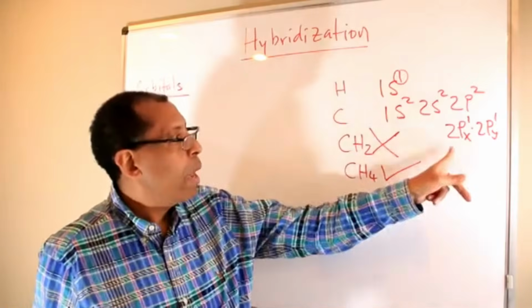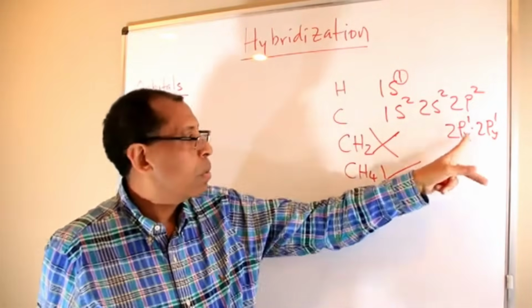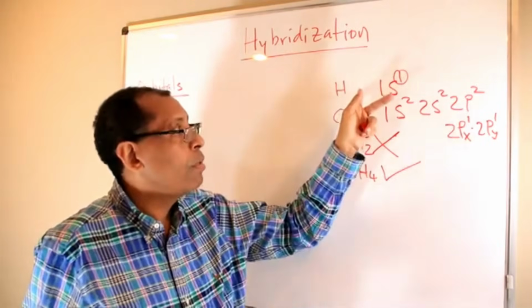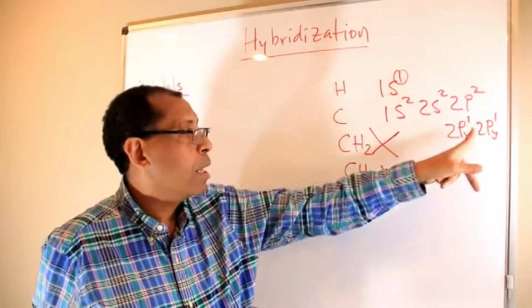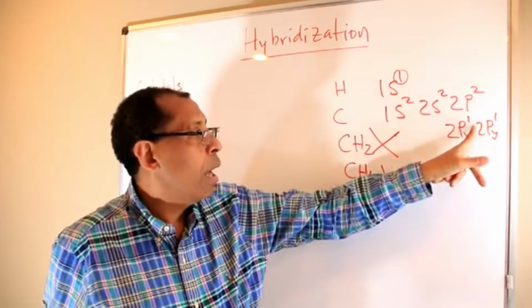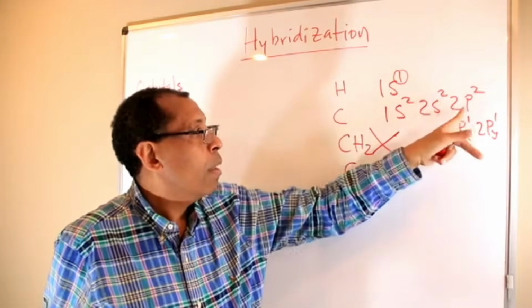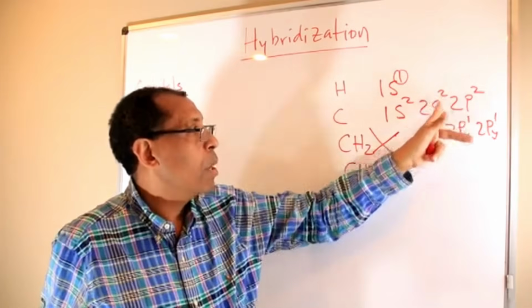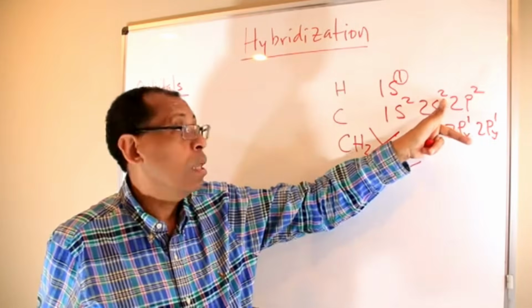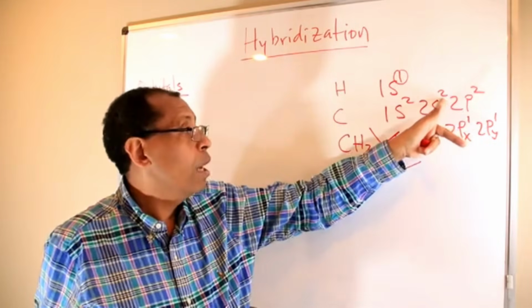So how do we accommodate 4 of the hydrogen's orbitals that can come here? Because the valence electrons on carbon in the p are paired already, you cannot bring anything according to what we have.